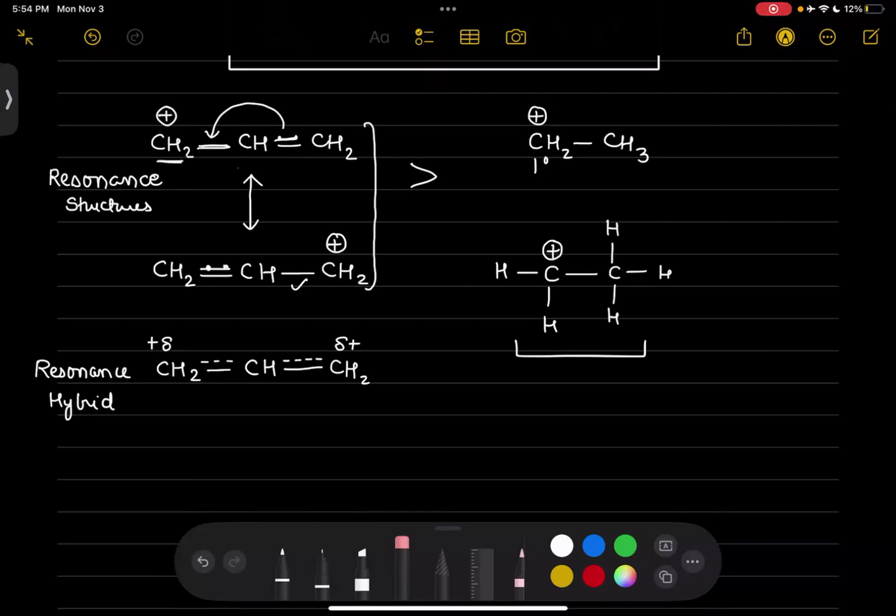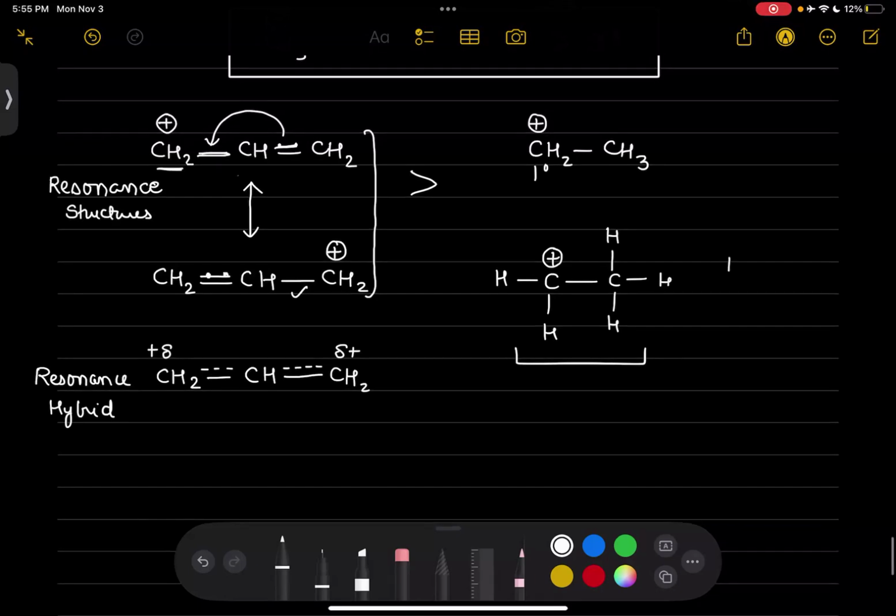No pi electrons are there, no double bonds are there. So if it cannot be stabilized by resonance, what other factors are stabilizing this cation? I hope both of you understood my question.